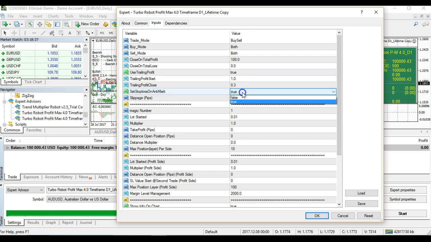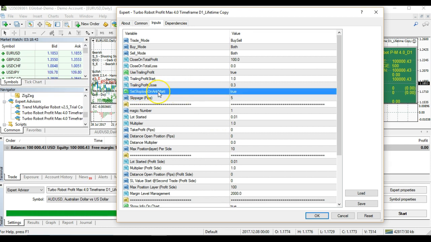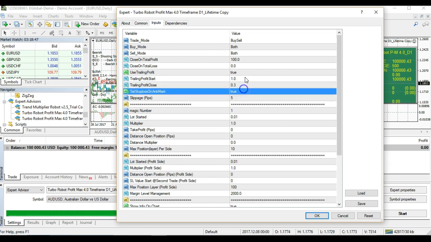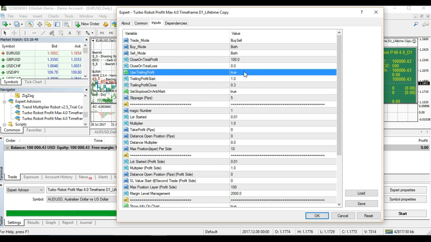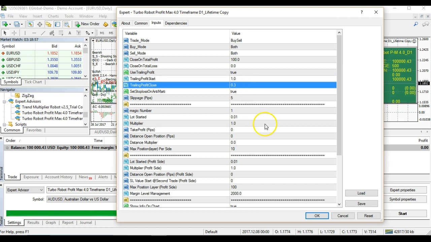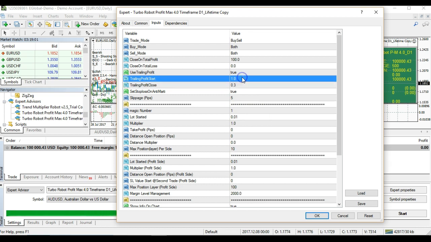If you put this one as true, the particular setting here will follow what you have set as the stop loss on anti-martingale. So let's say you enable this, you put it through, it will follow this. How do you know this? This portion belongs to the US dollar value.